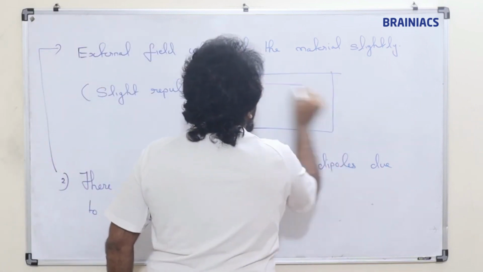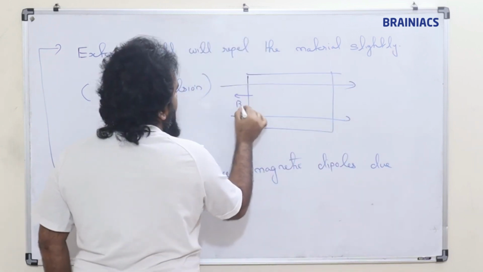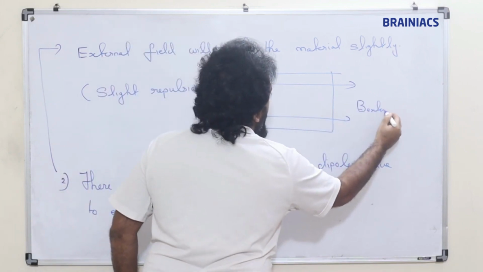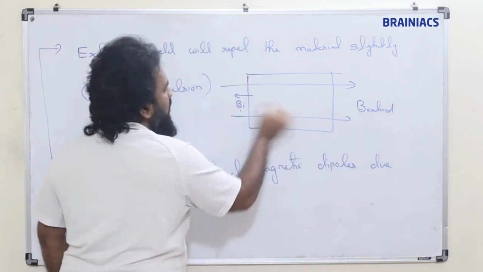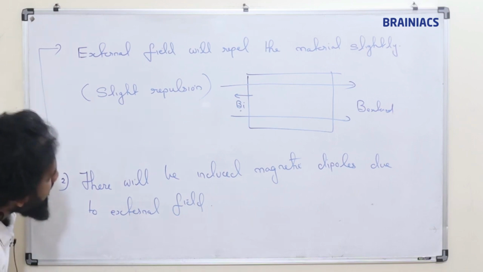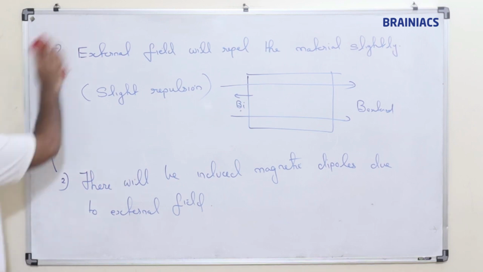If this is the direction of applied magnetic field, a small induced magnetic field also will be there. So because of this, a slight repulsion will be there. Okay, clear?